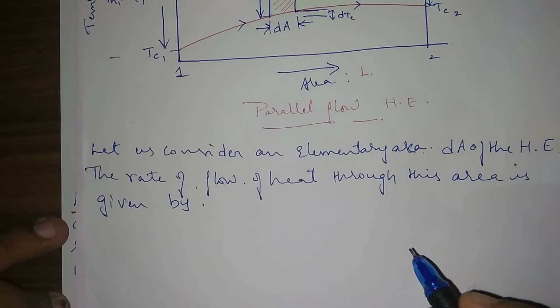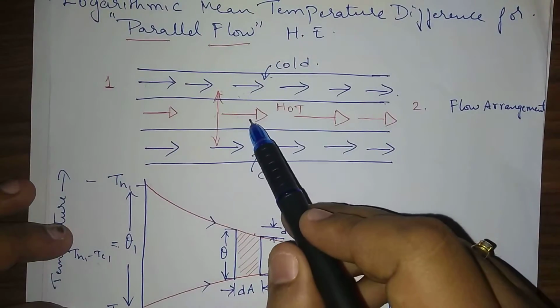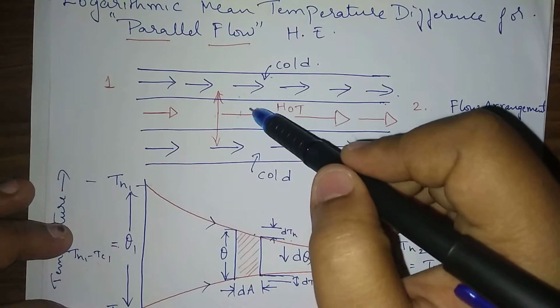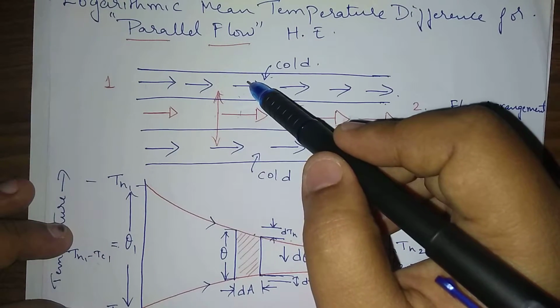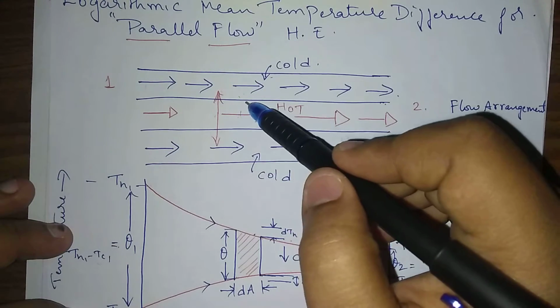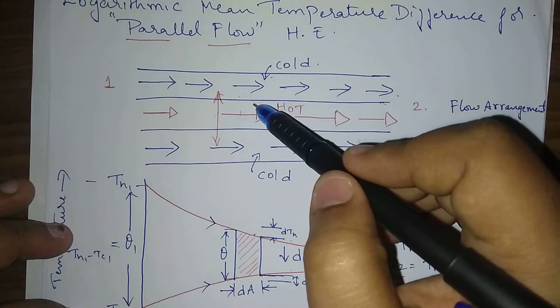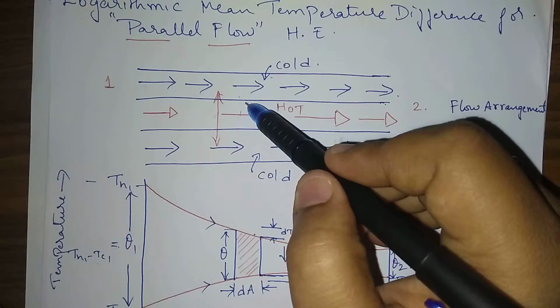If you consider here, let me write it. From the hot fluid to the cold fluid, you have a heat transfer coefficient for the hot fluid and a heat transfer coefficient for the cold fluid, and they are separated by a small solid wall. Also, I told you in the introductory class about the fouling factor.